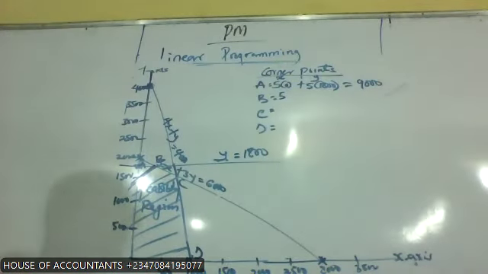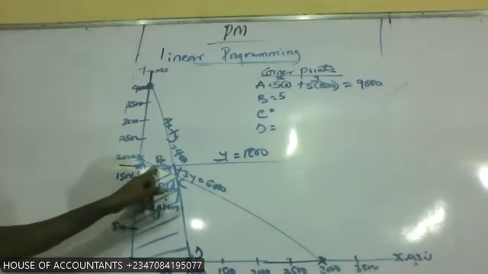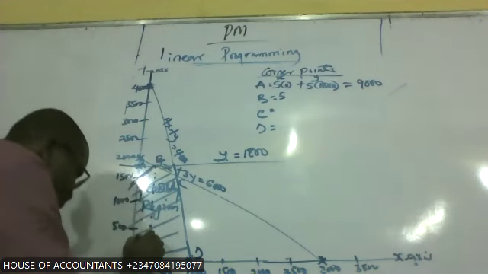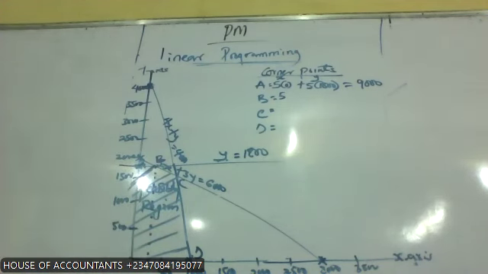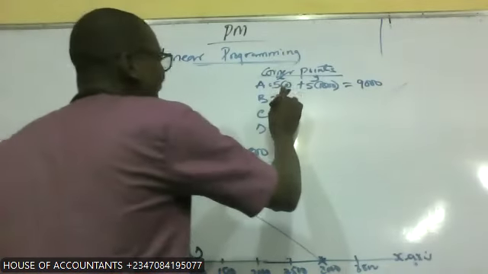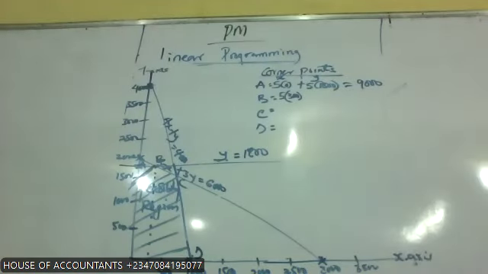The contribution is 5. When X equals 300, should we use 300?